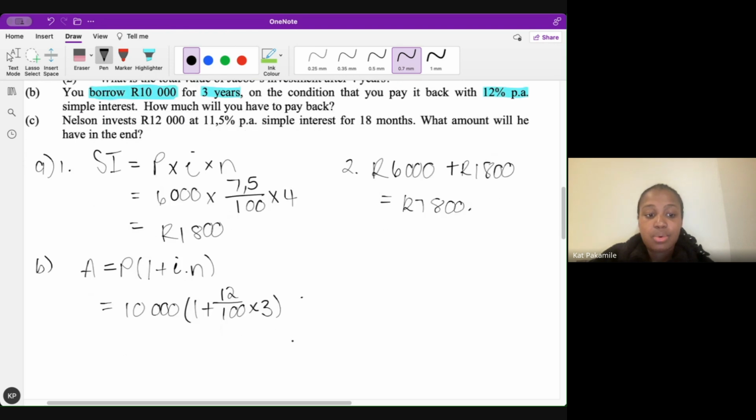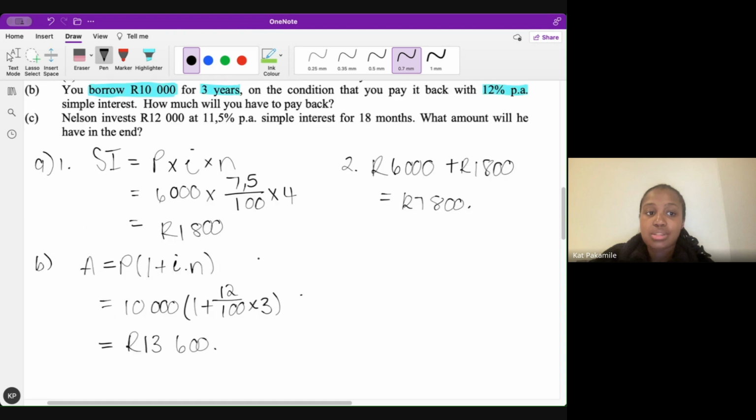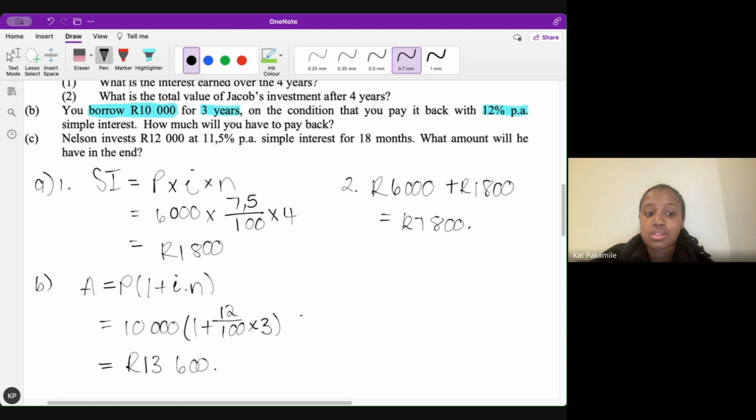And this will equal how much? Let's all take out our calculators. And that's one short and sweet calculation of 13,600 rands. So if you borrow 10,000 rands for 3 years, you have to pay back 13,600 rands.